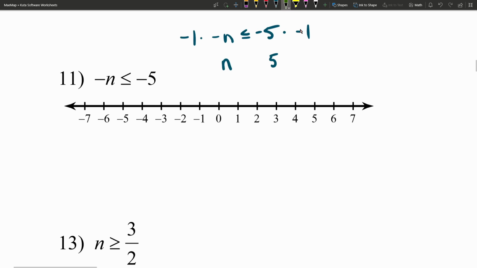I multiply by a negative, so I need to switch my sign. Whenever I multiply or divide by any negative number, I need to switch my sign. So this becomes a greater than or equal to. So if n is greater than or equal to a positive 5, we're going to circle 5, fill 5 in, and we already know which way to shade.